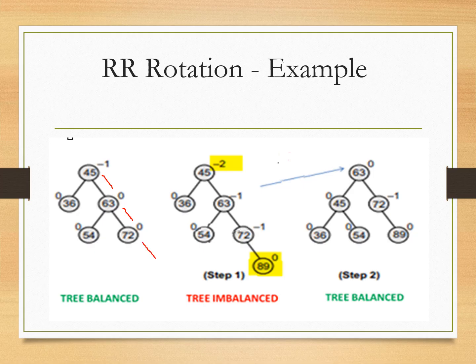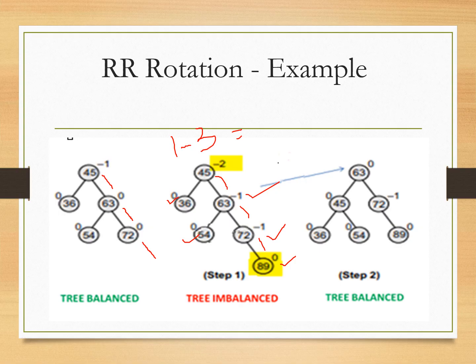Fine, I have inserted. Now check the balancing factor of every node. This is 0, this is minus 1, this side is 1 minus 2, so it is minus 1. This one is 0, this one is 0. Coming to 45, to the left I have height 1, to the right I have 1, 2, 3. So 1 minus 3 is minus 2.